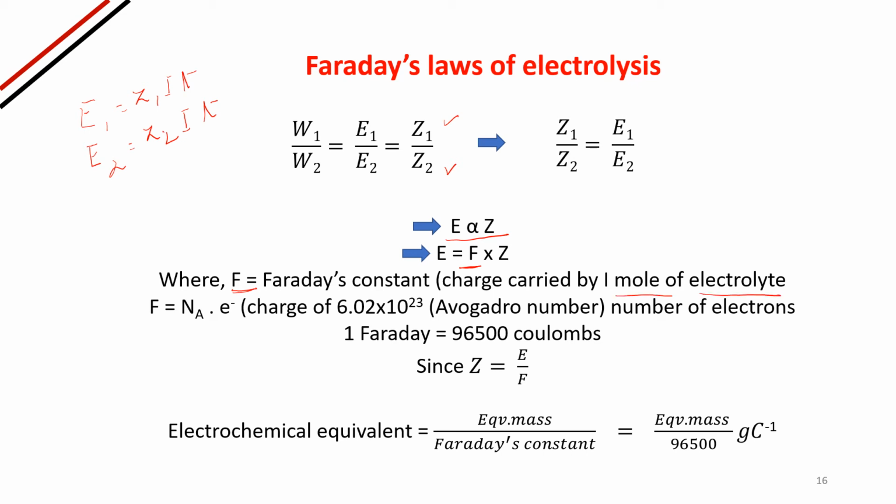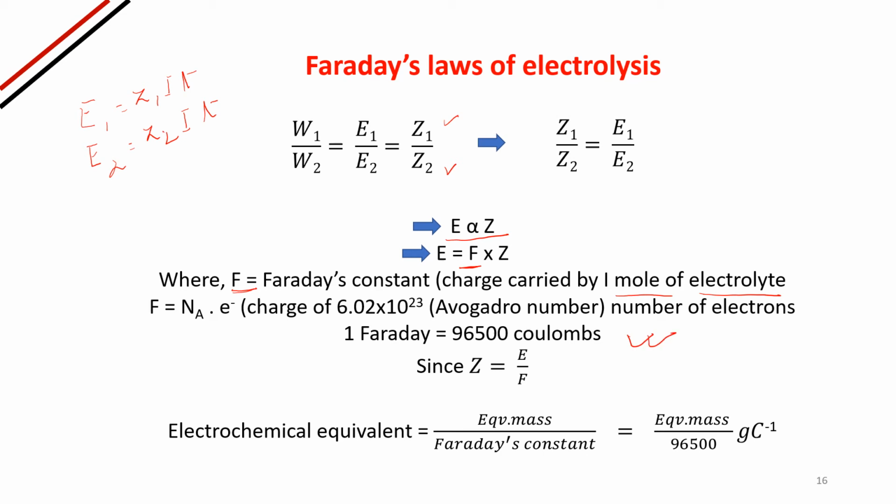F is equal to N_A into e, that is the charge. Now N_A is the Avogadro number, so the charge of Avogadro number, 6.02 into 10 to the power 23, of electrons. Okay. 1 Faraday is equal to 96500 coulombs.